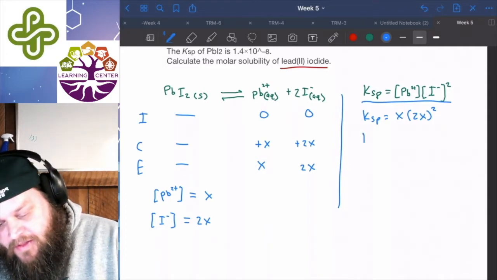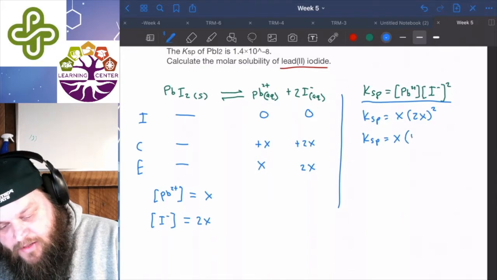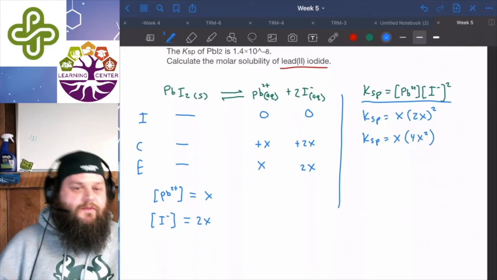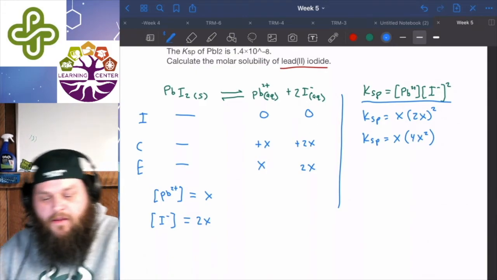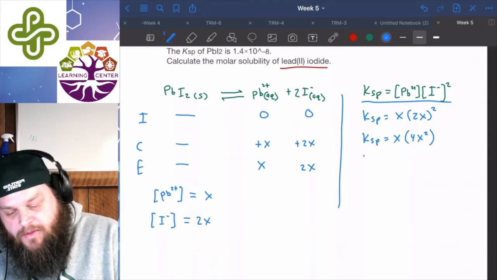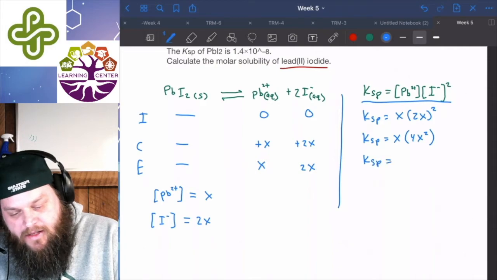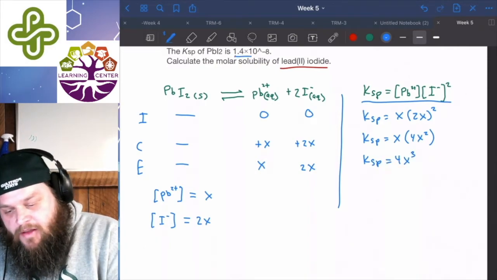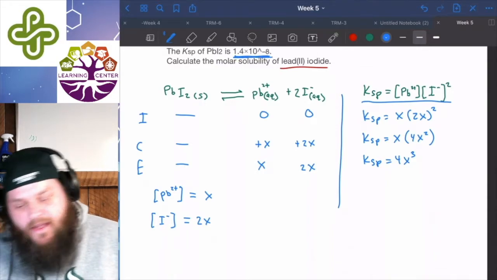So I can rewrite that KSP is equal to X times 4X squared. So 2 times 2 is 4. And then doing this multiplication, I can see that KSP is going to equal 4 times X to the 3rd power. And then we just need to plug in the value they gave us for KSP.